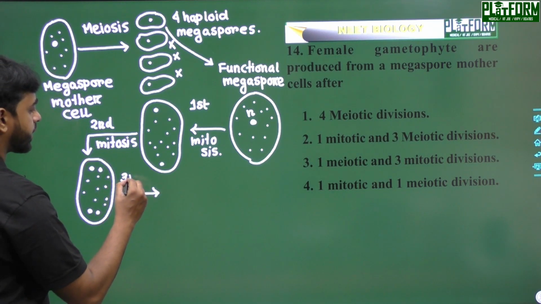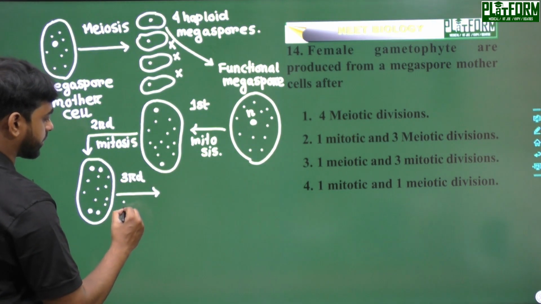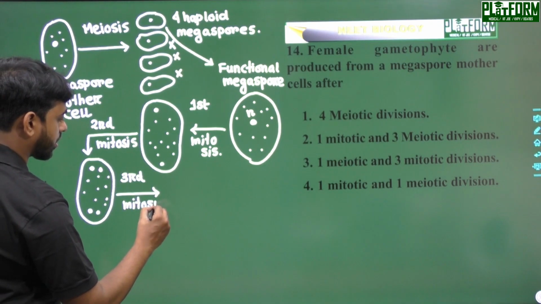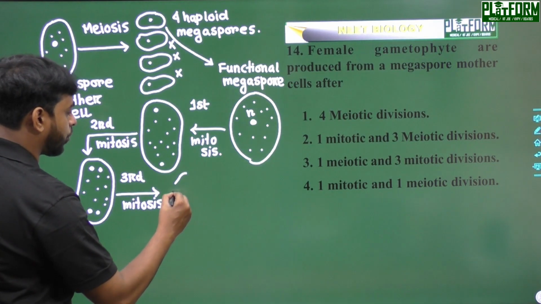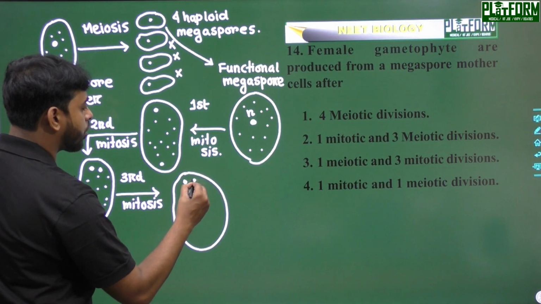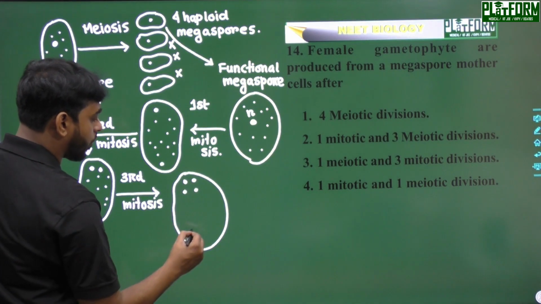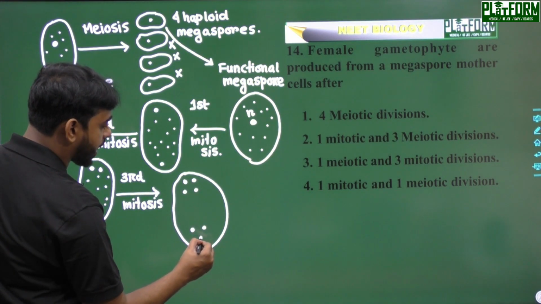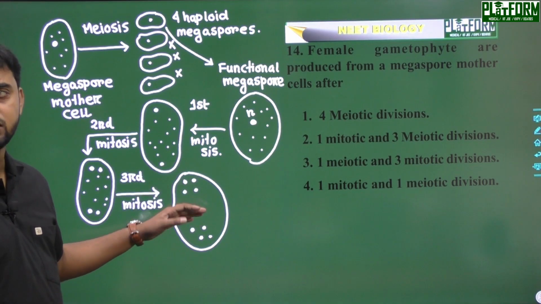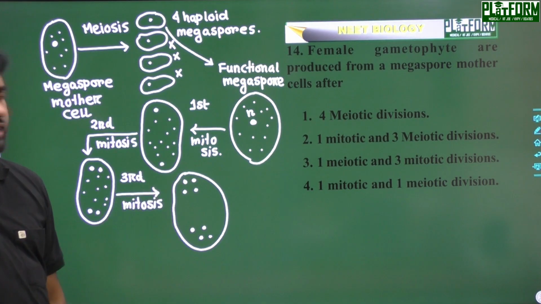It is followed by third mitosis, it will form an 8 nucleated structure where 4 nuclei are present on one side and another 4 nuclei are present on the opposite side.